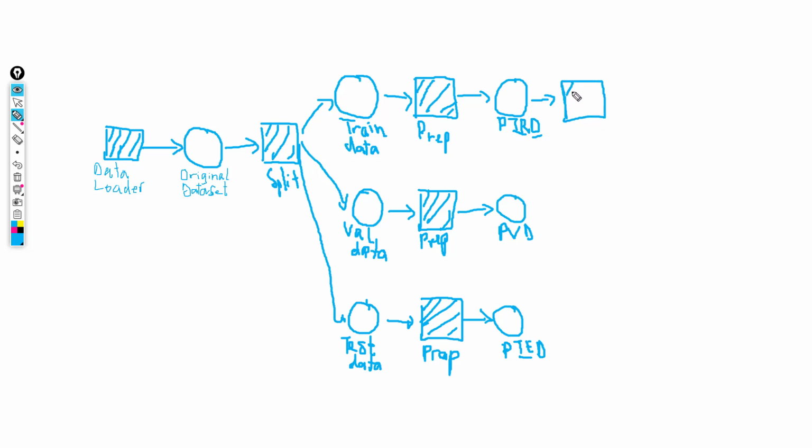This process's role will be that of carrying out data augmentation on this dataset to produce another dataset, which is actually now an augmented version of this. So here we have pre-processed training data. Now we have augmented training data.